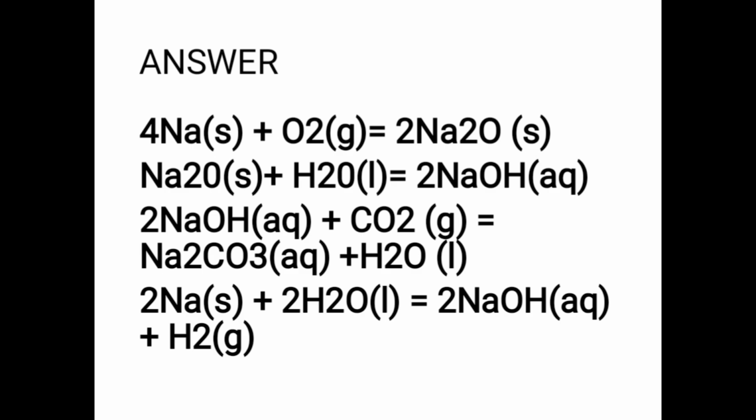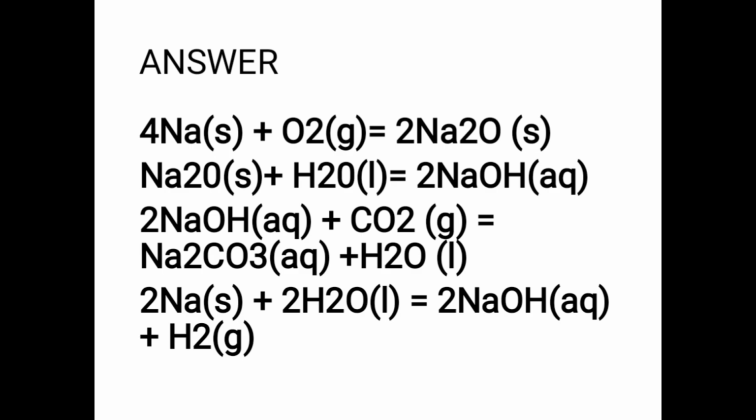Of course, the sodium oxide reacts with atmospheric moisture to produce sodium hydroxide, and then the sodium hydroxide will also react with atmospheric carbon dioxide to produce sodium trioxocarbonate(IV). And of course, sodium metal itself can also react with atmospheric moisture to produce sodium hydroxide and hydrogen gas, respectively.